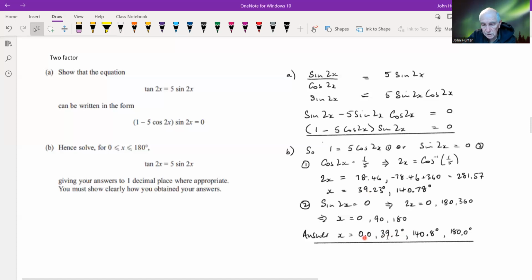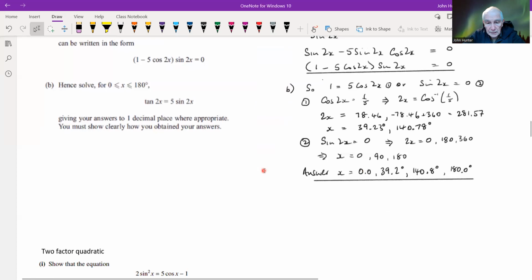Notice I've missed 90 off the bottom here, but we've got a solution set made up from these 5 solutions here. Okay, so that's how we do a 2-factor, and in this case, I brought it right through from the resolution of the identity.